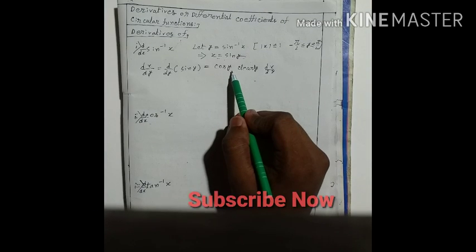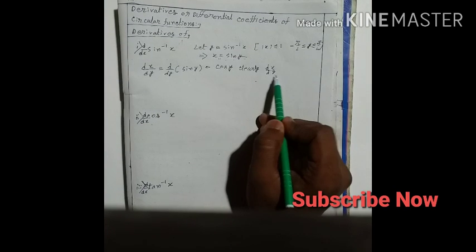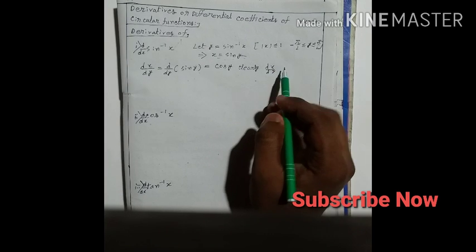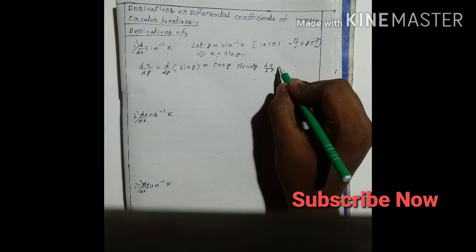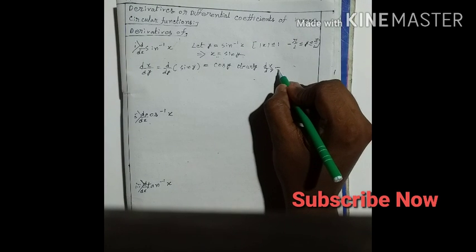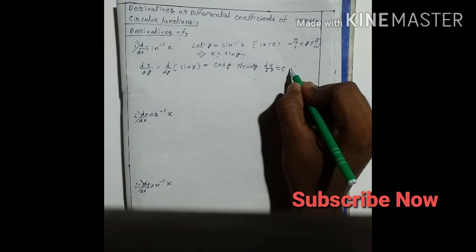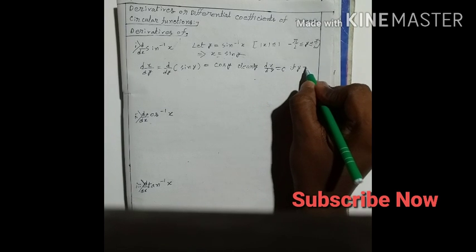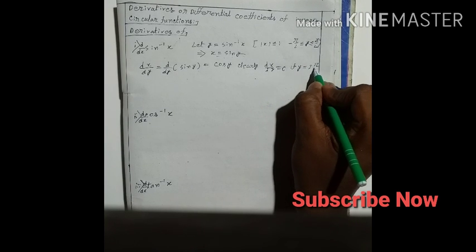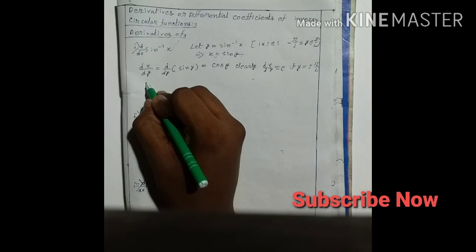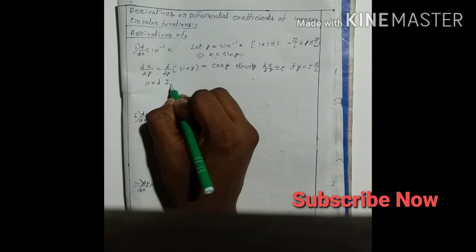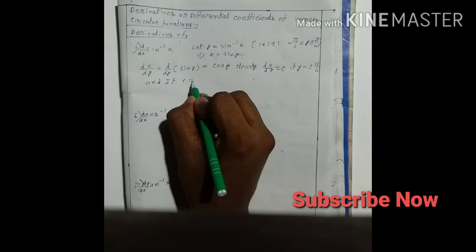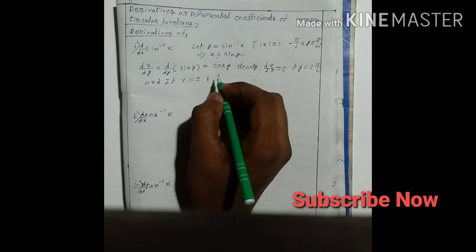As I have already told you in the previous video, dx by dy is equal to 0 if y is equal to plus minus pi by 2, that is, if x is equal to plus minus 1.